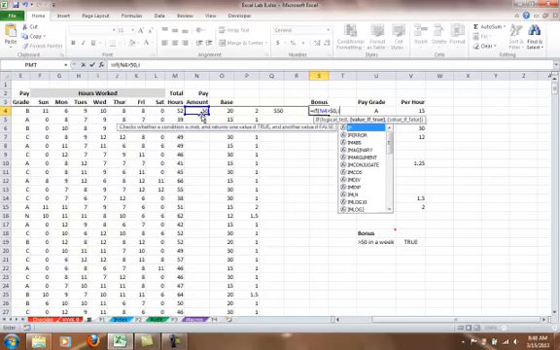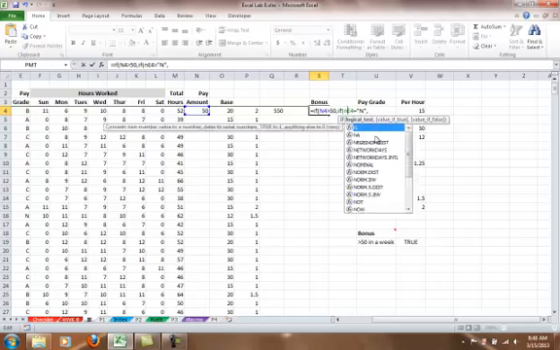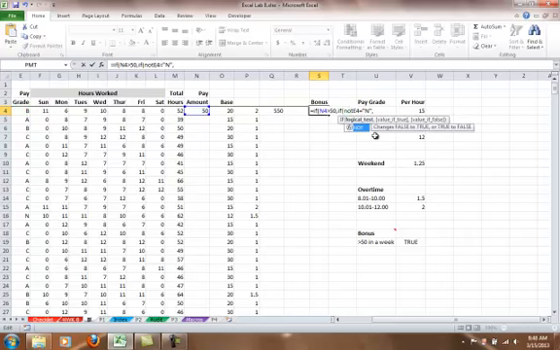Then you could say if your pay grade, well, actually we want to say if this equals N, okay, but we want the opposite of that. So what we would have to do then is, well, we could do it this way. You could just put a NOT in front of this. That would be one way to do it.